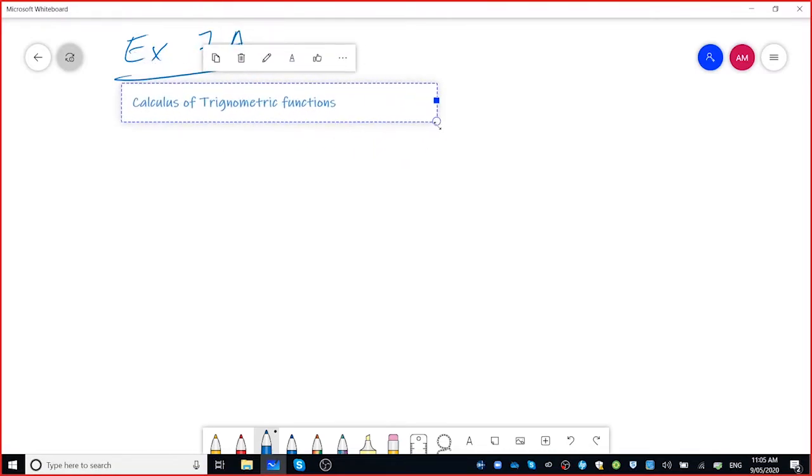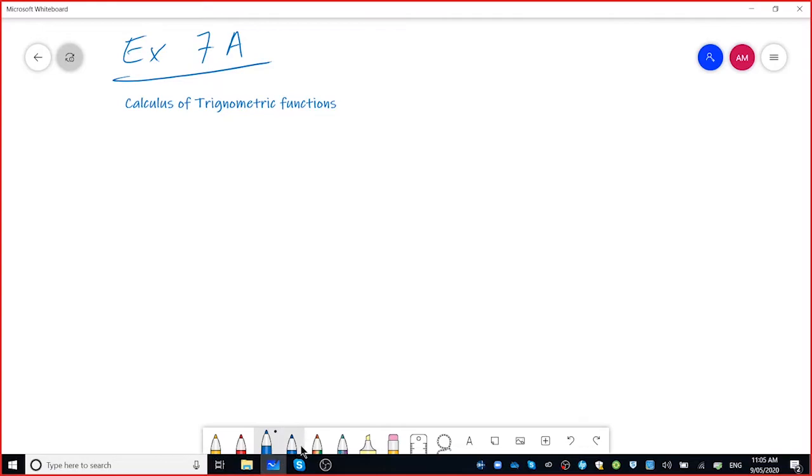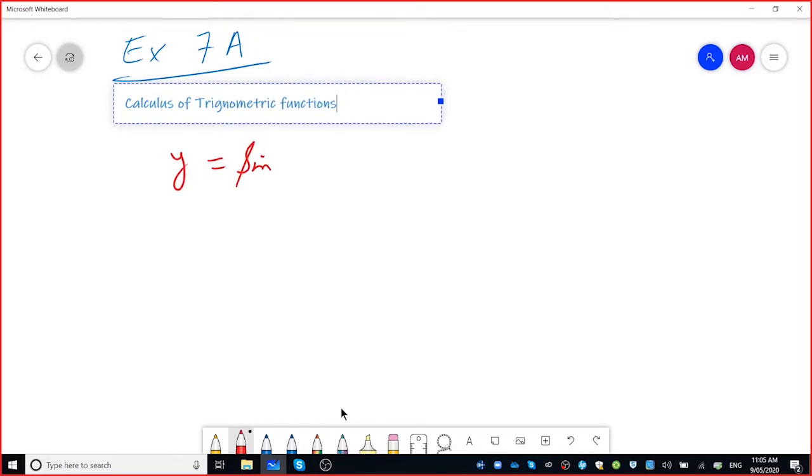Okay. So what we will see is, in fact, let me take another color maybe. If y is equal to sine x, do you know what is dy upon dx, or y bar?